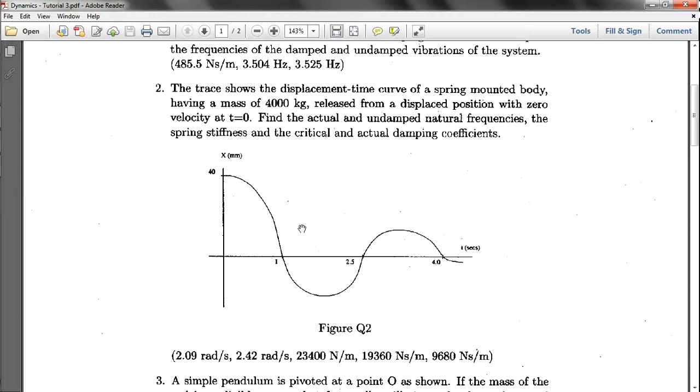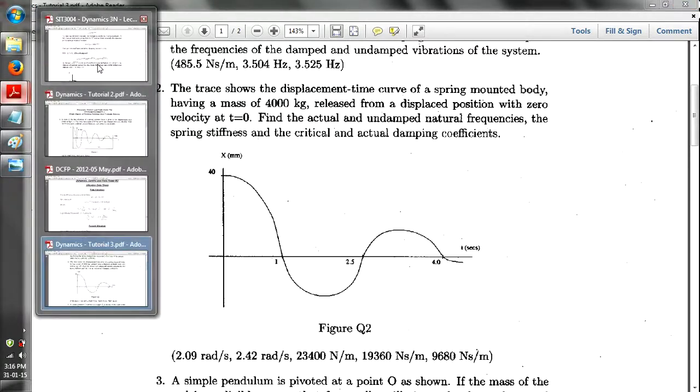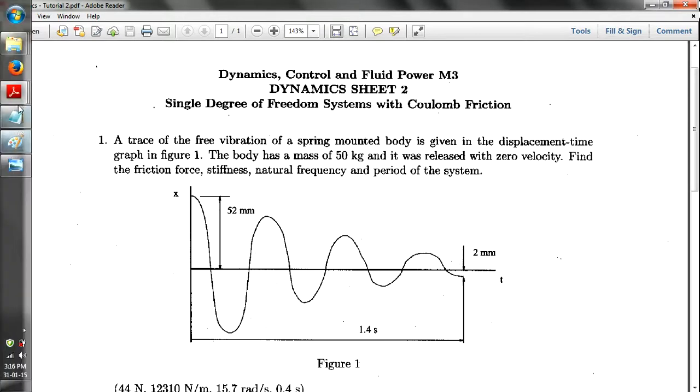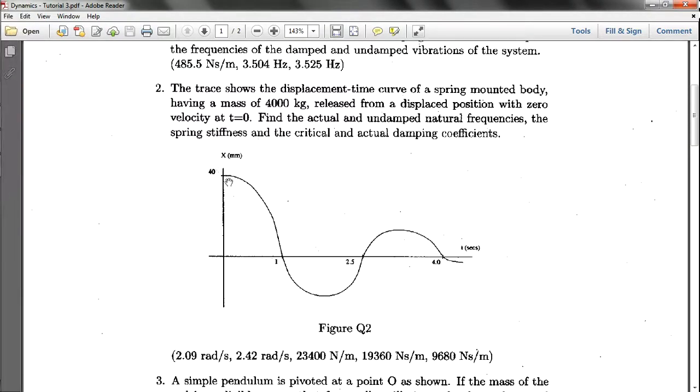The trace shows the displacement-time curve of a spring-mounted body. So similarly, now we are also talking about the graph itself, same as the previous tutorial.